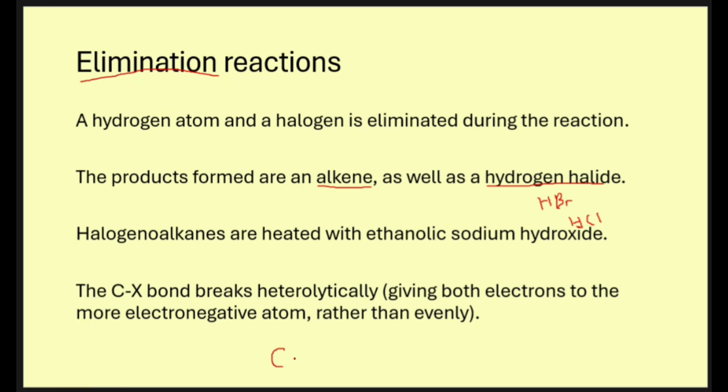As before, we had this C-Br bond. As this one's more electronegative, and this one's less so, it takes all of the electrons to itself, leaving this one with none of the ones from that bond. So it's unevenly breaking again.